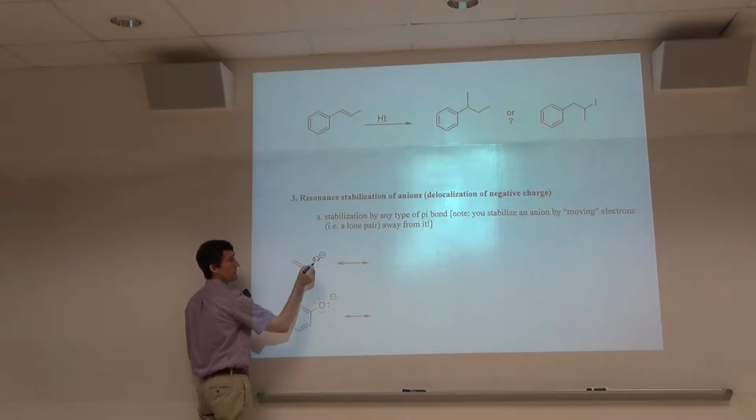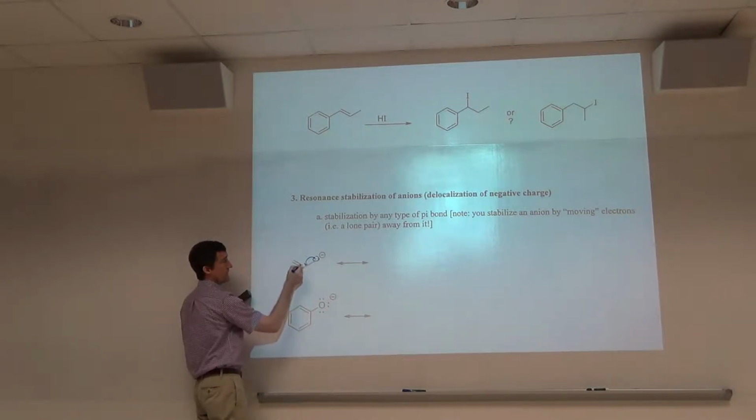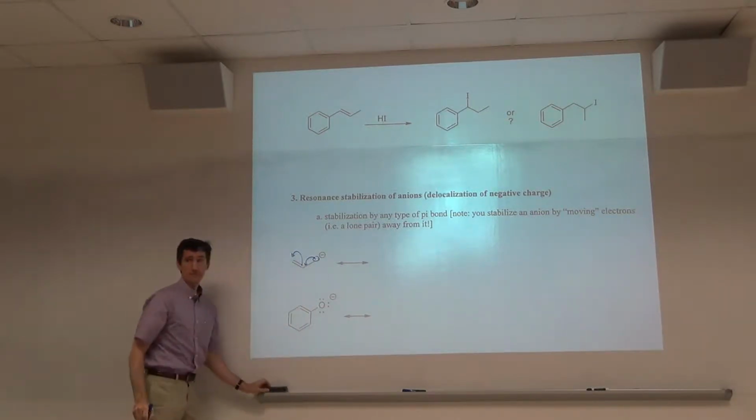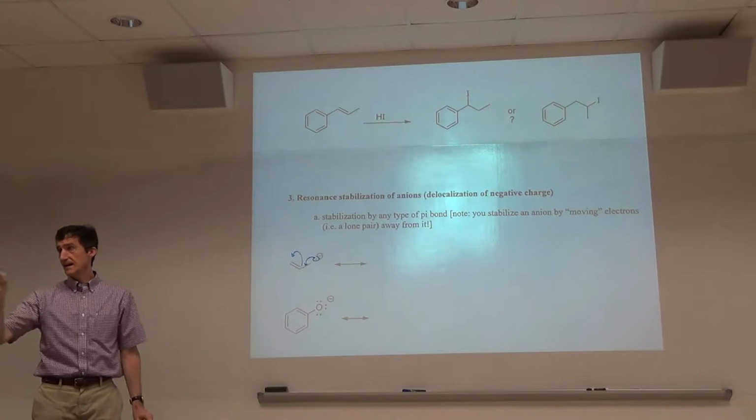So these electrons, we can move them in here and make pi bond. But if you're going to make pi bond, these have to be moved out. So I call this sort of the in and out.